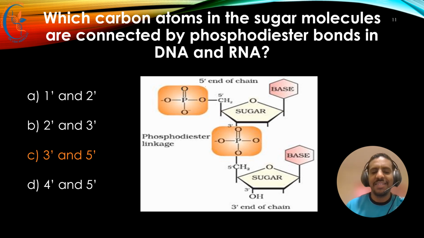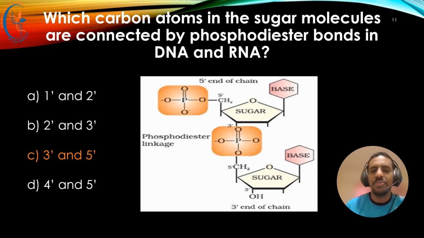The correct answer is 3' and 5'. Actually, in DNA and RNA, the phosphodiester bonds connect the 3' carbon atom of one sugar molecule to the 5' carbon atom of the next sugar molecule. These form the sugar phosphate backbone that is crucial for the structural integrity of nucleic acids.